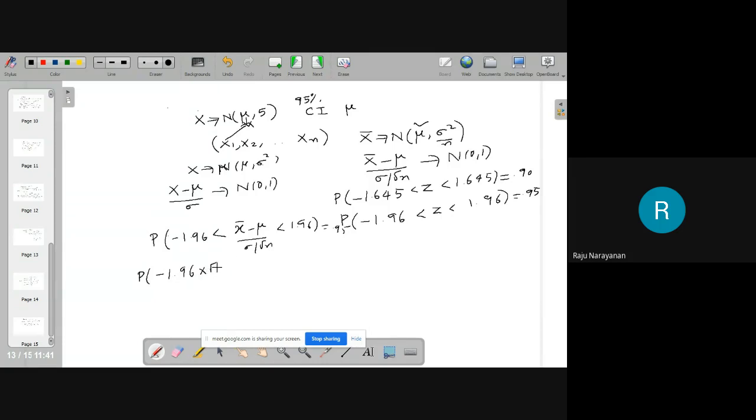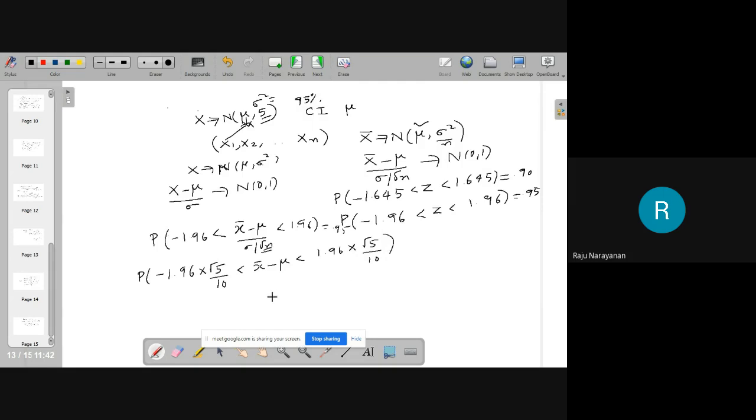Root of 5, because sigma square is 5. Suppose you are taking 100 observations. Why am I taking 100? Because I can easily find root n. Therefore, it will be 10 less than X bar minus mu less than 1.96 into root 5 by 10.